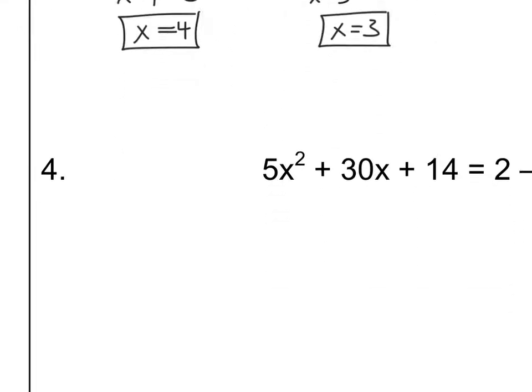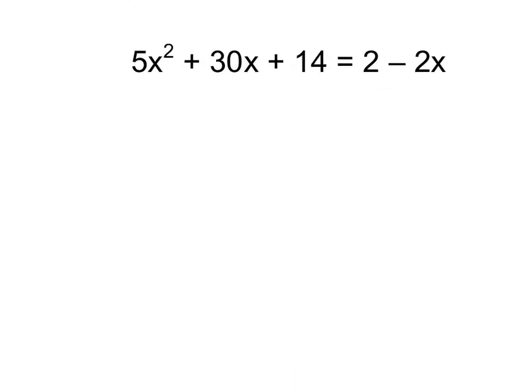All right, let's take a look at one more example here. Okay, so now in this case, you see a lot of stuff on that right side. Again, in order to factor it, it has to be equal to 0. So first thing I'm going to do here is subtract like terms from each side.